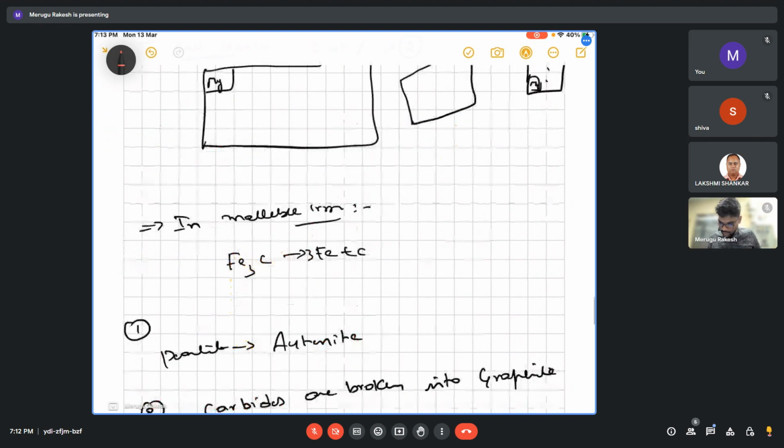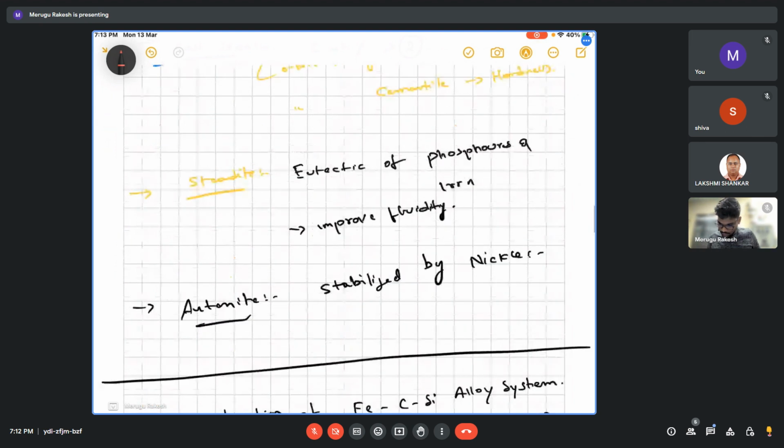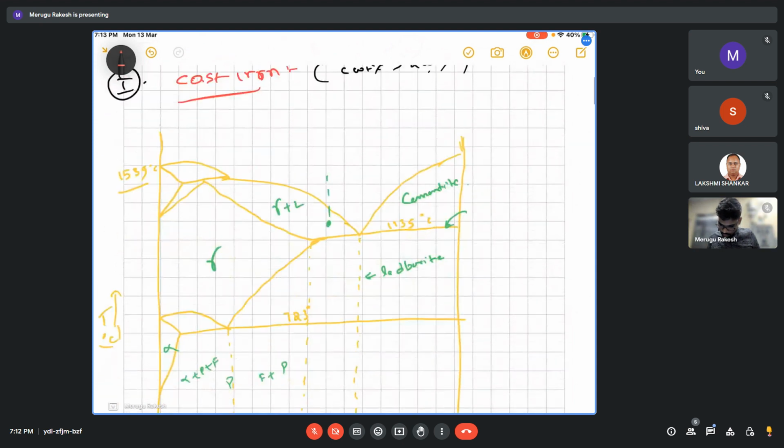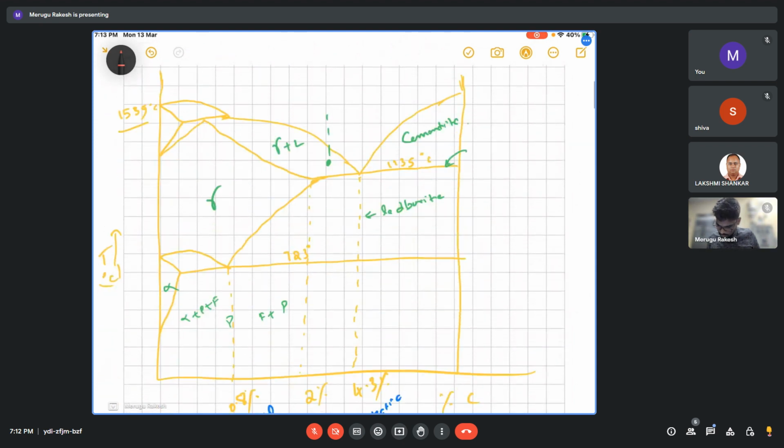I will show you it. So basically, this is ferrite. We also call this alpha iron. Then we have this here.